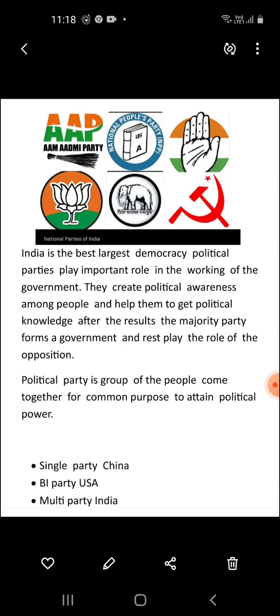At that time, you have to explain the meaning of election first and then voting, and you have to write what is the meaning of voting behavior. Then you have to explain all eight factors which influence the voting behavior. So we'll end this section here.